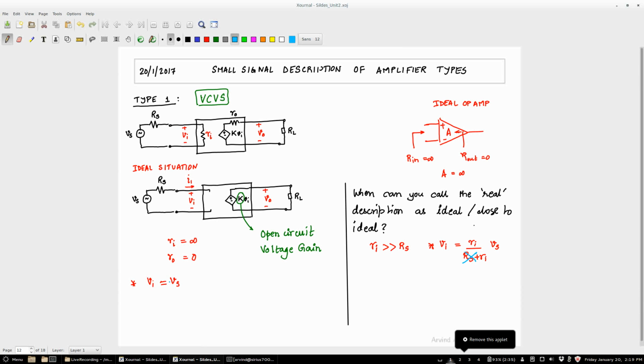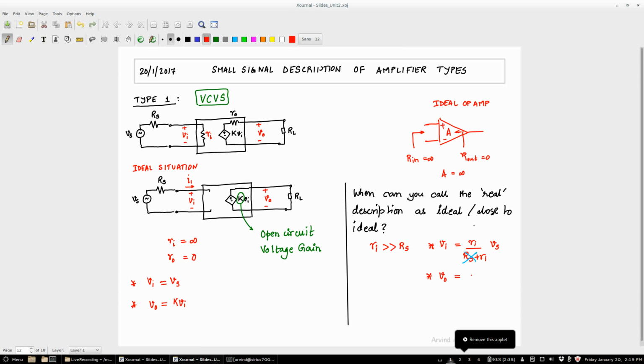Correct? So now if you want your real situation to look like the ideal situation, what should be the condition on Ri and Rs? If Ri is much greater than Rs, basically drop this Rs from the denominator and you will get back your ideal situation. Alright? Okay.